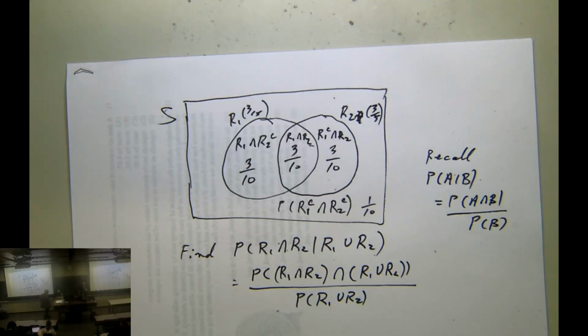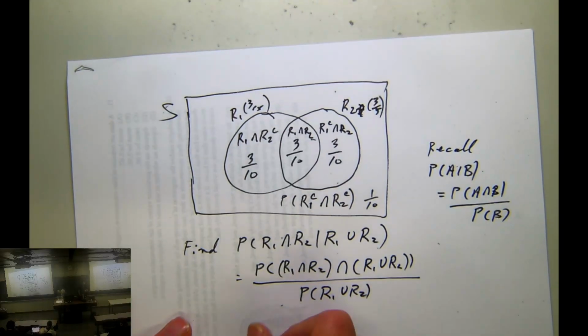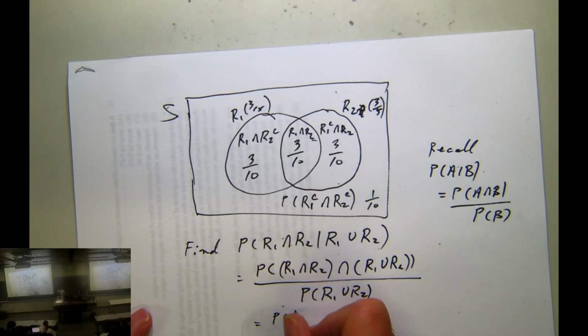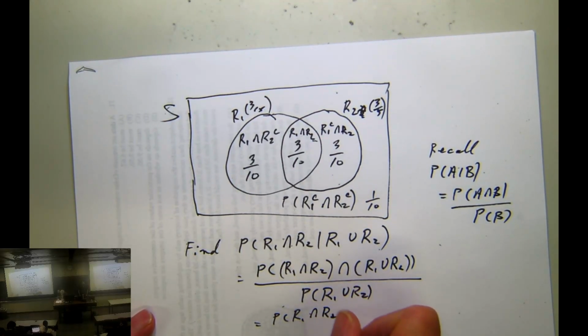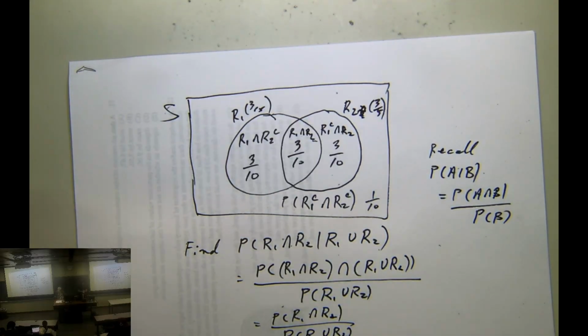And so that allows us to simplify this and say this is simply the probability of R1 intersect R2 over the probability of R1 union R2.